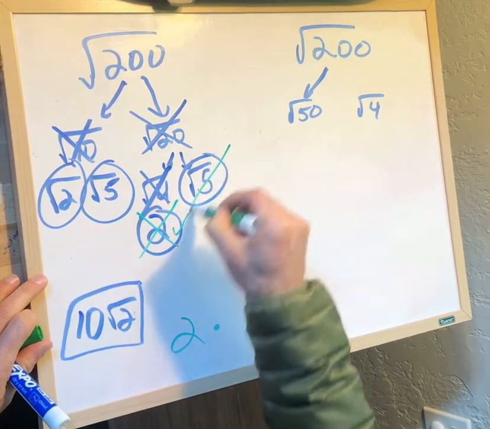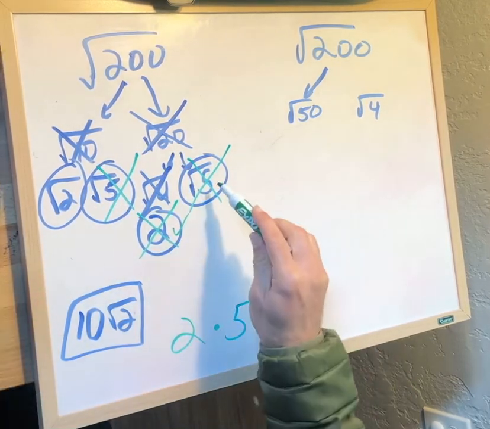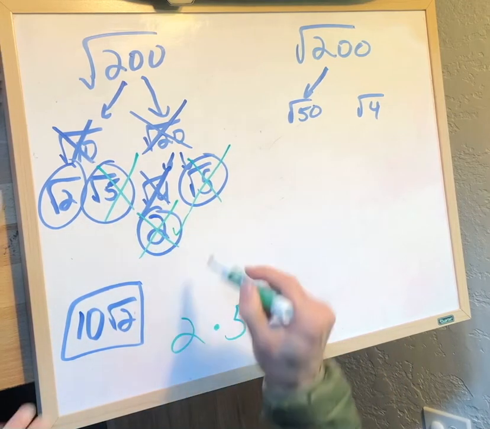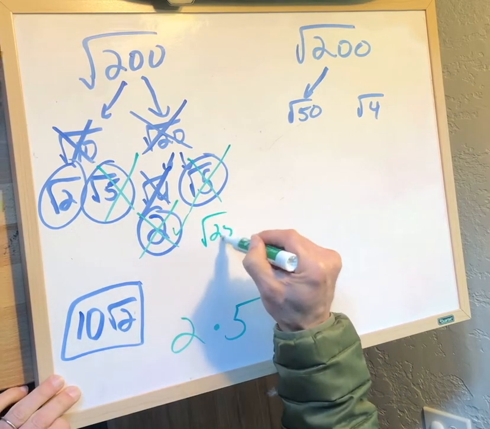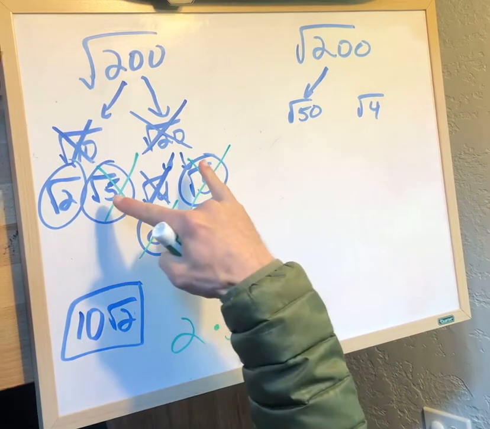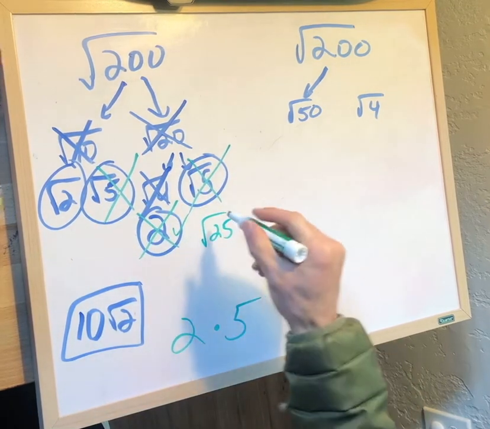The square root of 5 times the square root of 5 is just 5. Because square root of 5 times the square root of 5 is the square root of 25. And the square root of 25 is 5. So the shortcut, whenever you have two numbers that are the same, you're just left with the number inside.